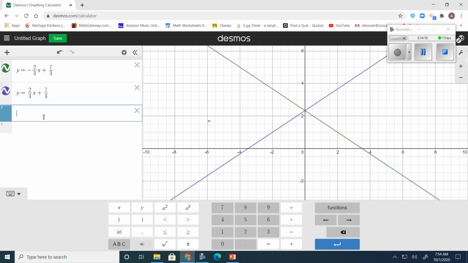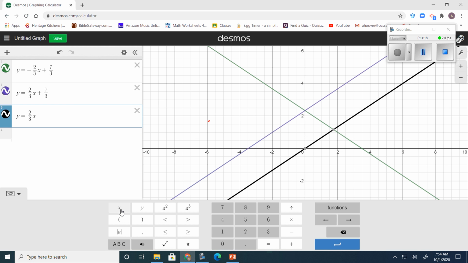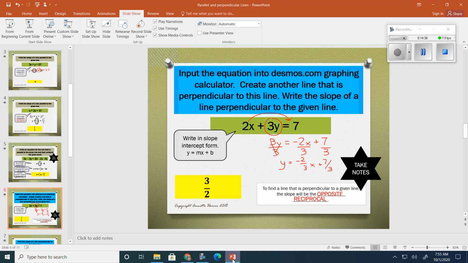Or we could do a different y-intercept. y equals 2/3 x, and we could give it whatever y-intercept we wanted. Let's say we want it to cross at -1. There is another line that is perpendicular to the green line, just a different y-intercept. So what we had to do is simply make the opposite reciprocal of the slope, and that gives us a perpendicular line.